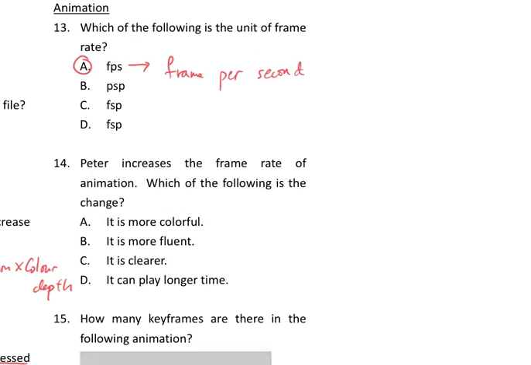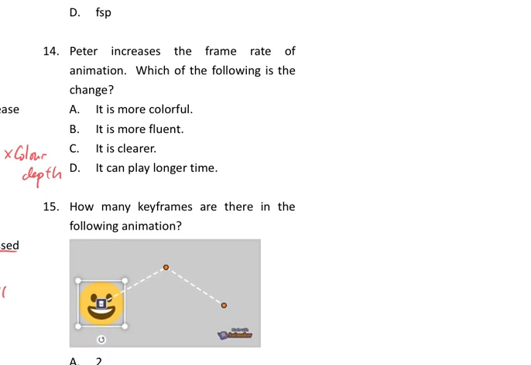Alright. And then question 14. Peter increased the frame rate of the animation. So the frame rate is increased. We should remember, if the frame rate increases, the fluency of the video will be increased. Frame rate is directly related to the fluency.